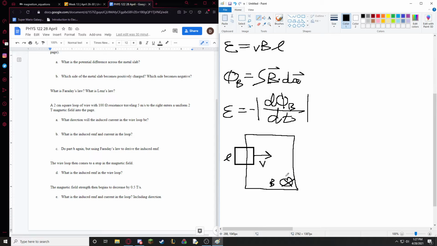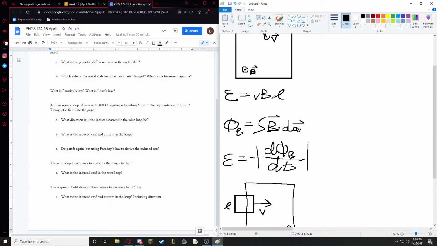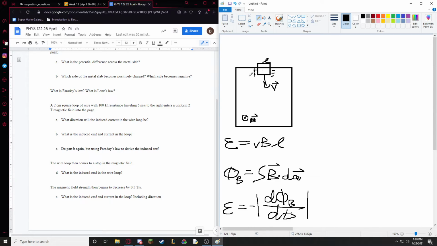So first of all, what direction is the induced current in the wire loop going to be? And what is going to be the induced EMF and current in the loop? Don't think about Lenz's law and Faraday's law. Just think motional EMF, our VBL, and remember our potential differences up here.